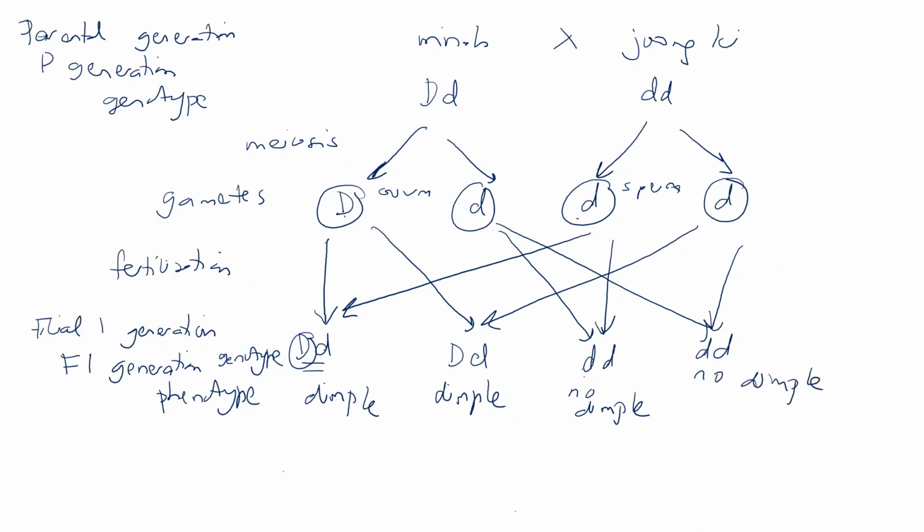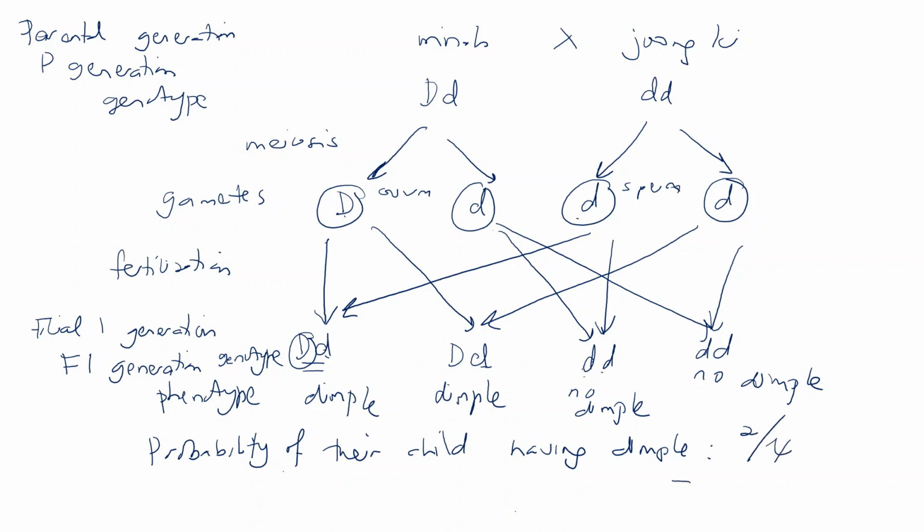So if I want to calculate the probability of their child having a dimple, it would be 1, 2, out of 4, so 2 over 4, which is 50%.